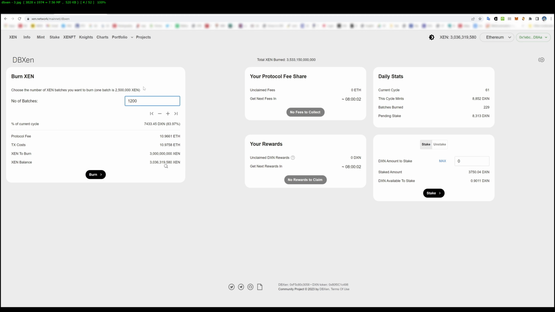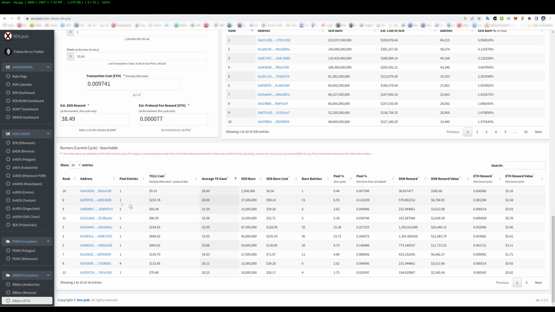So let's calculate the actual costs first. You would go on zen.pub and sort the daily burners by average transaction GUI and pick the one you would like. For instance, I picked the one at 30 GUI, who did 37.5 million Zen.